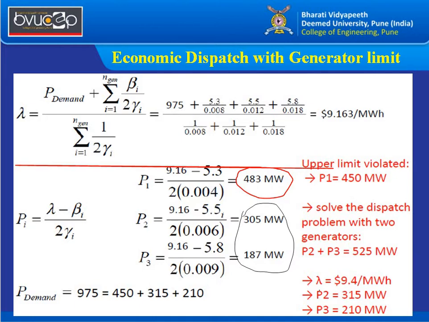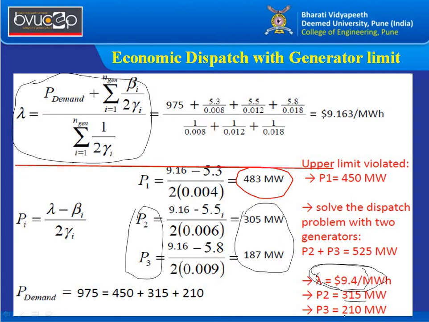The new value of lambda we have to use with the same formula. You can observe here, this lambda is obtained from this particular formula itself, that is the Lagrange's multiplier. So we get the value of lambda as 9.4. Again we will calculate only P2 and P3 with lambda as 9.4. So, as you can see here, we get P2 as 315 megawatt and P3 as 210 megawatt.